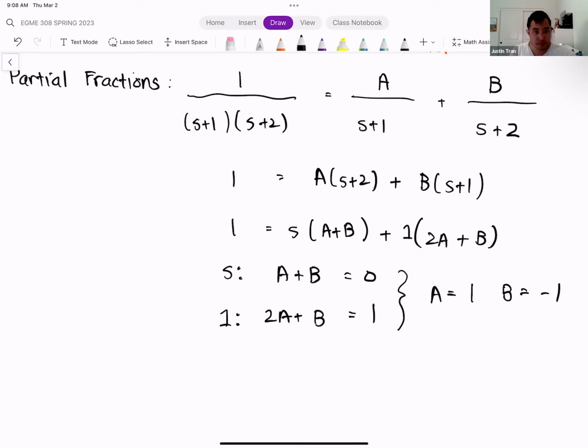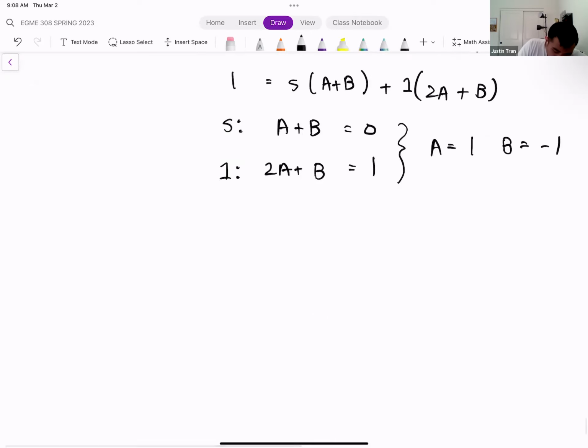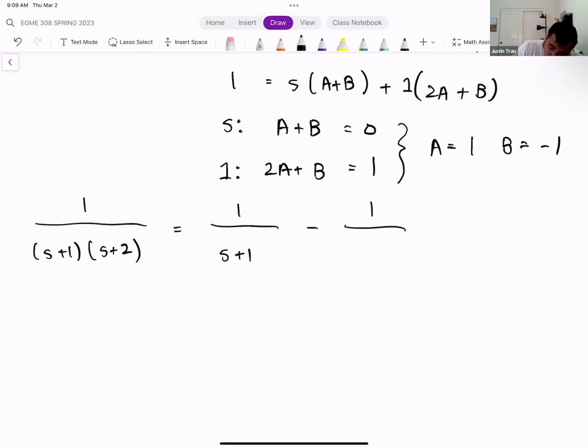So from our partial fraction decomposition, 1 over s plus 1 times s plus 2 is equal to 1 over s plus 1 minus 1 over s plus 2.